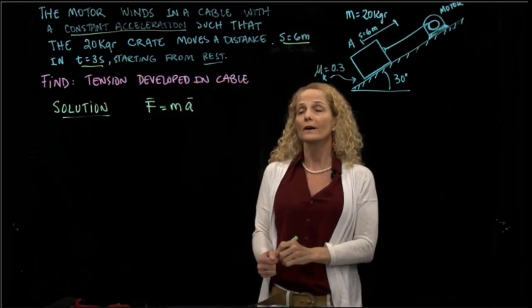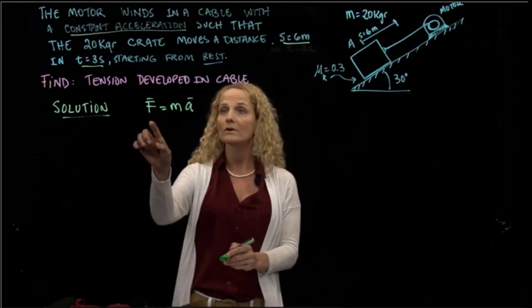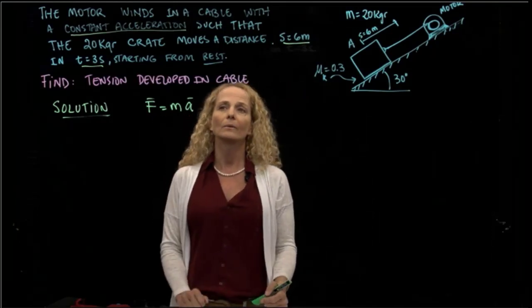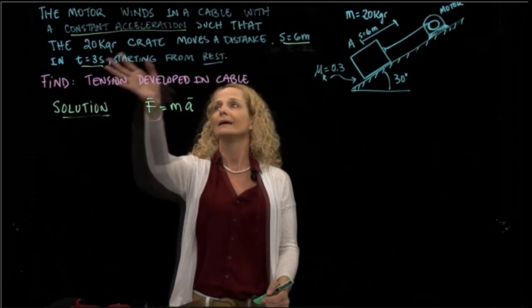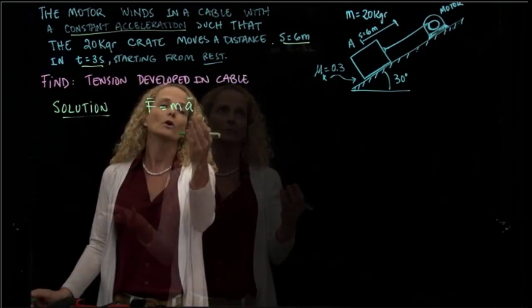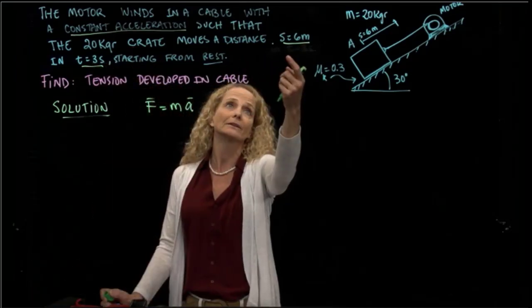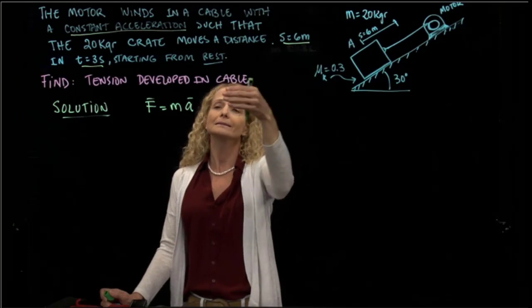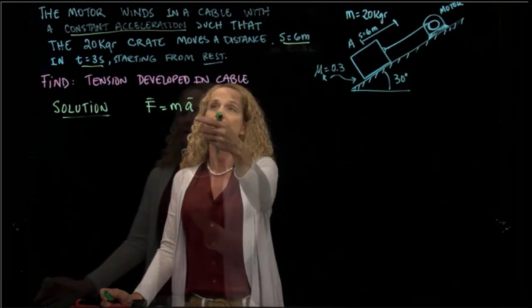So in order to find our tension, which is a force, first we have to find our acceleration given the distance and time. We know that the acceleration is the second derivative of distance, therefore the distance is the double integral of the acceleration.